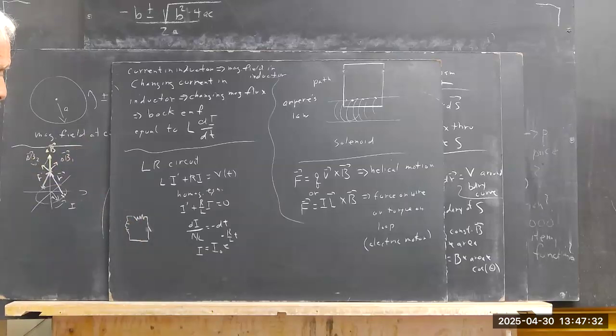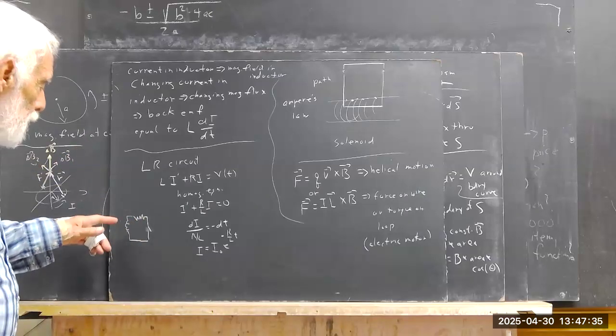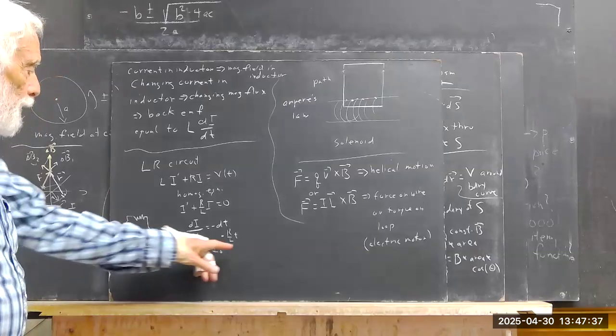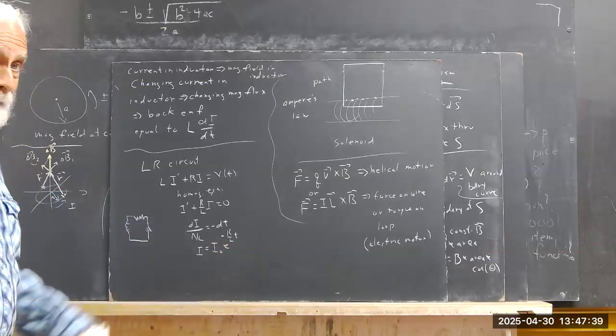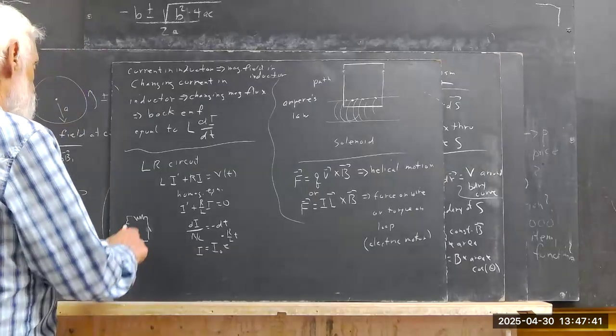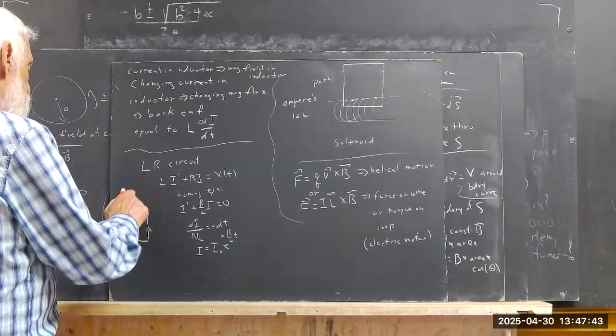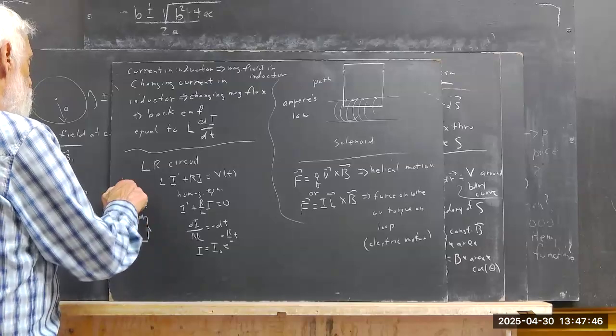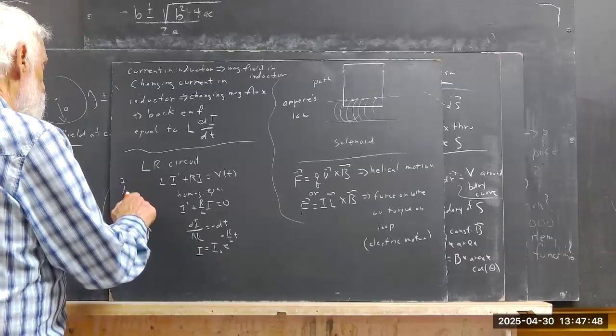And this would create a current which is exponentially decreasing. So you would have a graph of I versus t that looks like this.